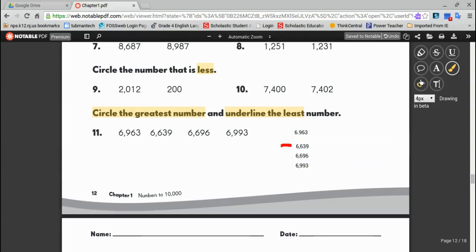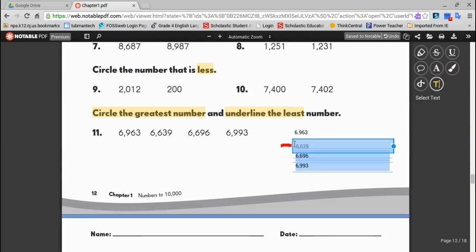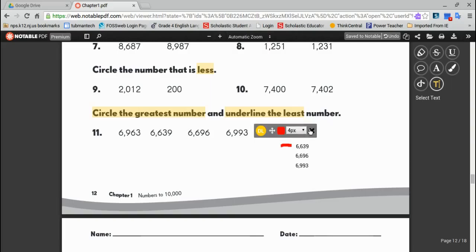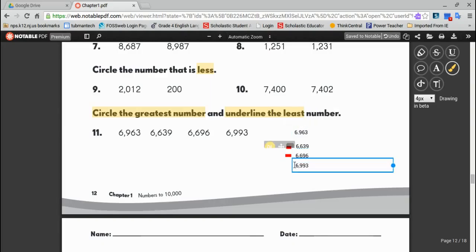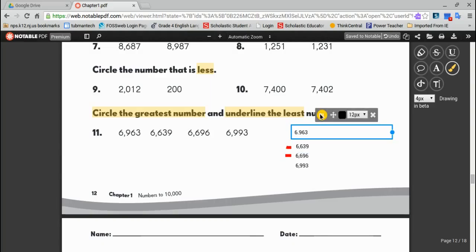Right now we know that we want our 900s. So that means this one is eliminated and this one's eliminated. So we're just looking at our 6,963 and our 6,993.